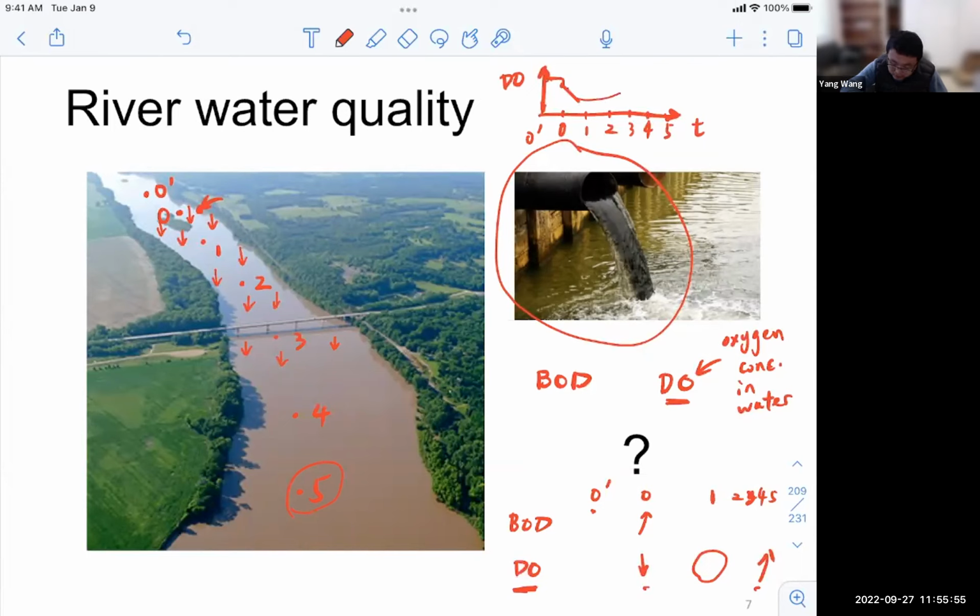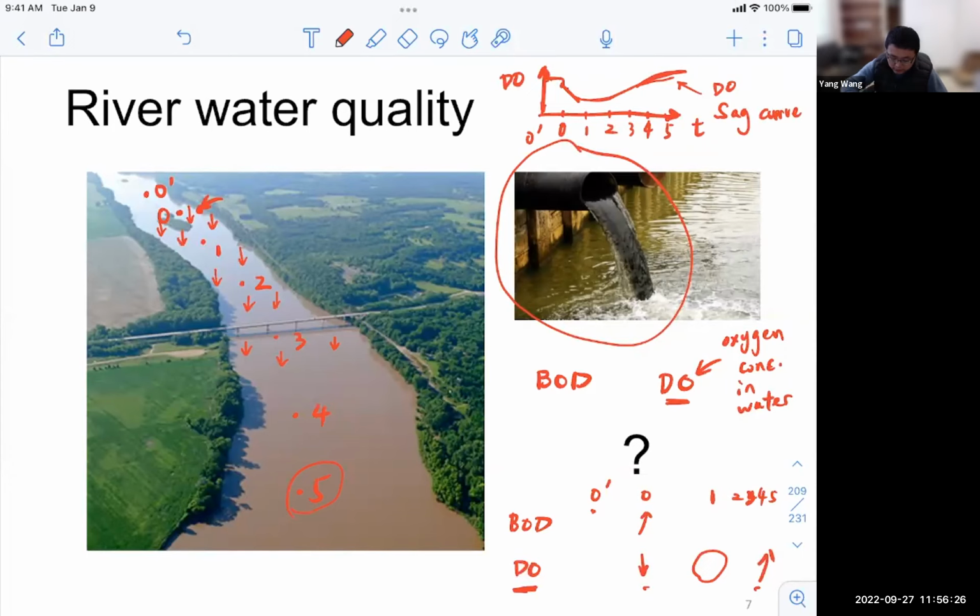But eventually, you're having oxygen adding back into the river water, so the dissolved oxygen concentration is going to increase back. This is what people call the dissolved oxygen, or DO, sag curve. Basically, the dissolved oxygen is going to show you a sag, a decrease and then an increase.